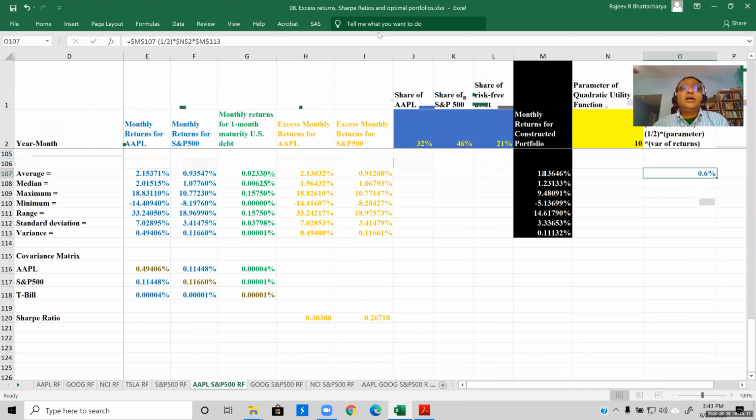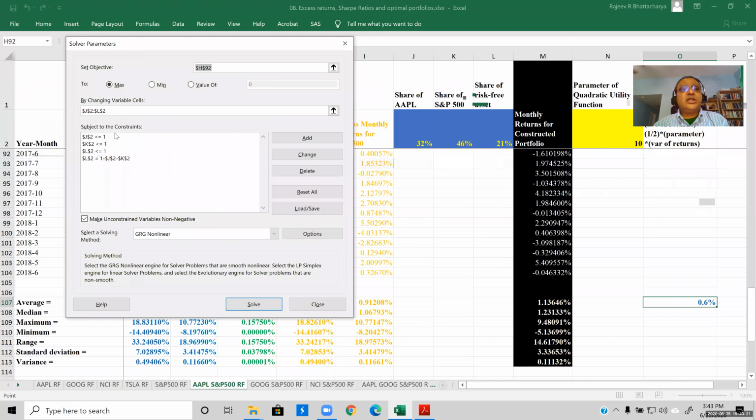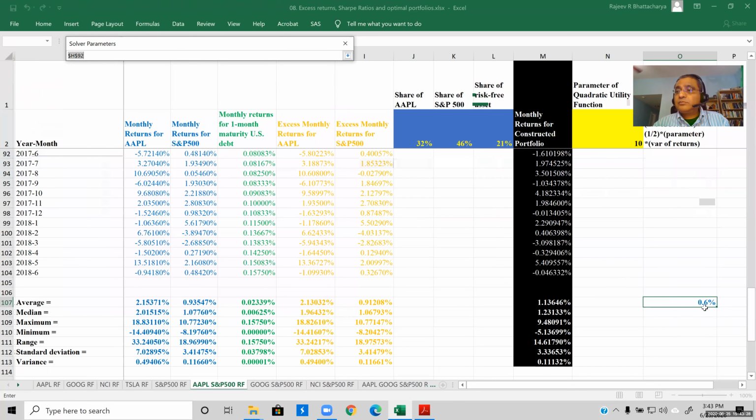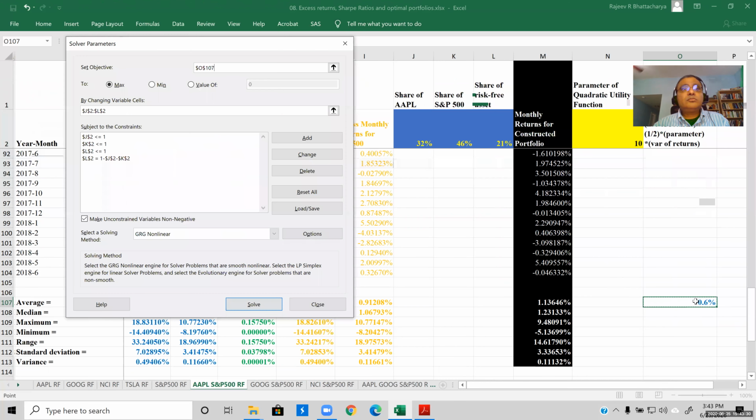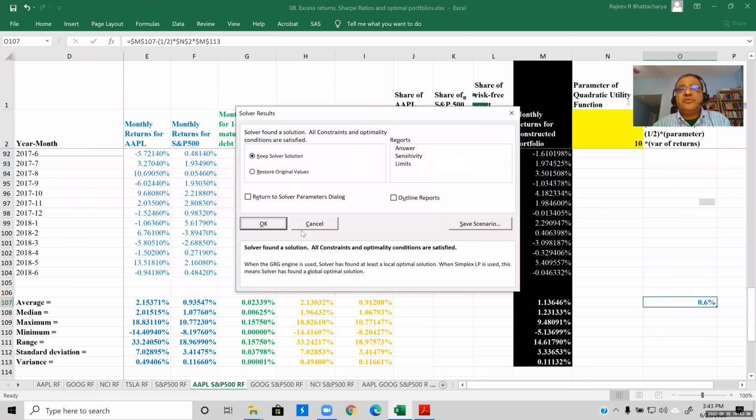All right, then let's go to Data, Solver, just as we had done. Make sure we're getting everything right. Set objective is O07 by changing variables J2 to L2. Solve.